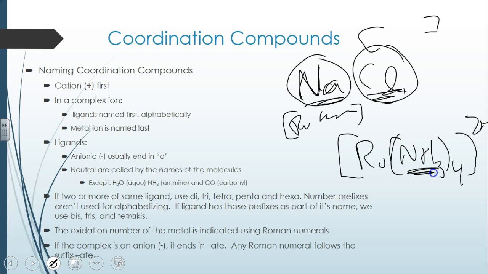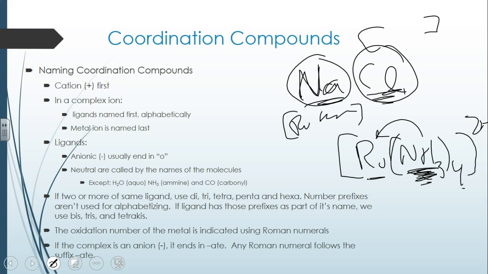You're always going to name the ligands first, and they always get named alphabetically, which is very strange. So you have to figure out all the different ligands that are in there. In this case, there's just one. This is the amine ligand, so you're not going to have to worry about that. But then you name the metal ion. So this is going to be named amine, and then ruthenium is going to be named at the end.